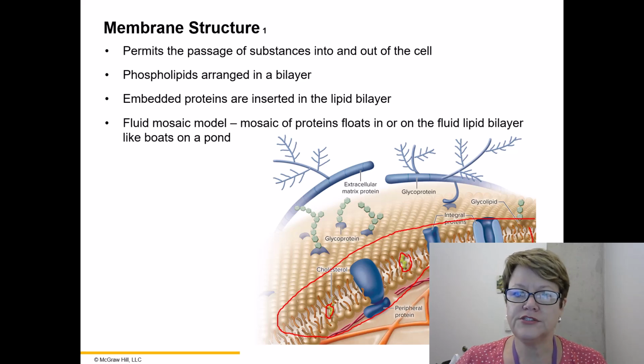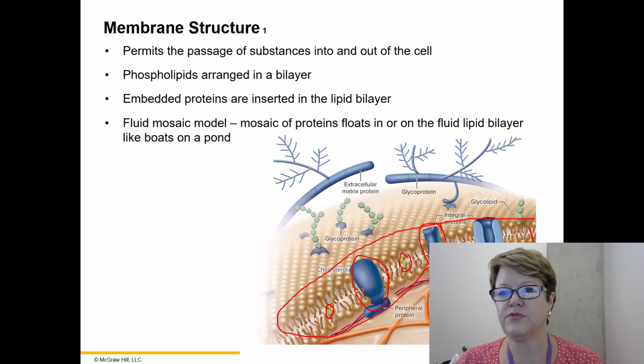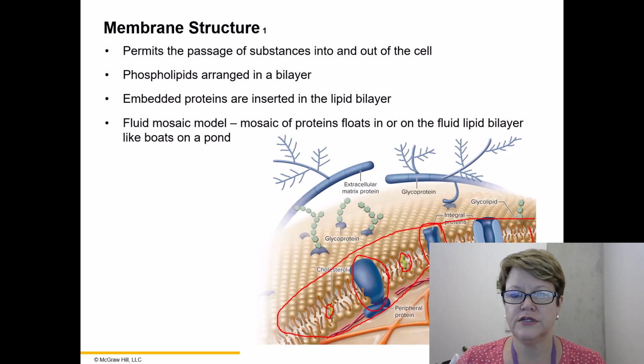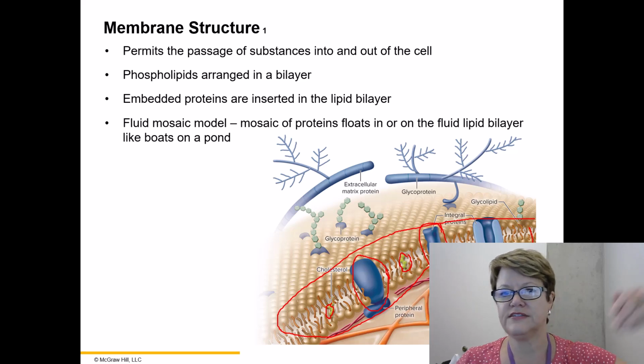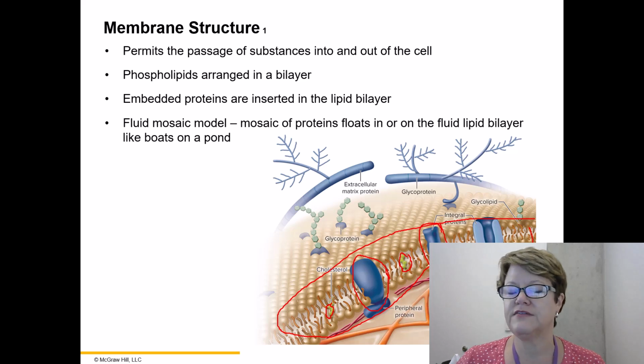Now also, punching through the membrane will be these proteins shown in blue. If it goes all the way across the membrane and pokes out a little on both sides, those are called transmembrane proteins. And if they even partially go through the membrane, they're called integral. So integral proteins extend at least partially into that hydrophobic section.